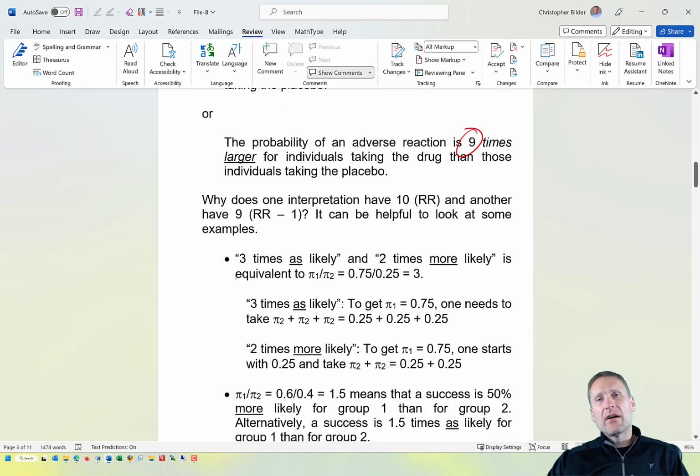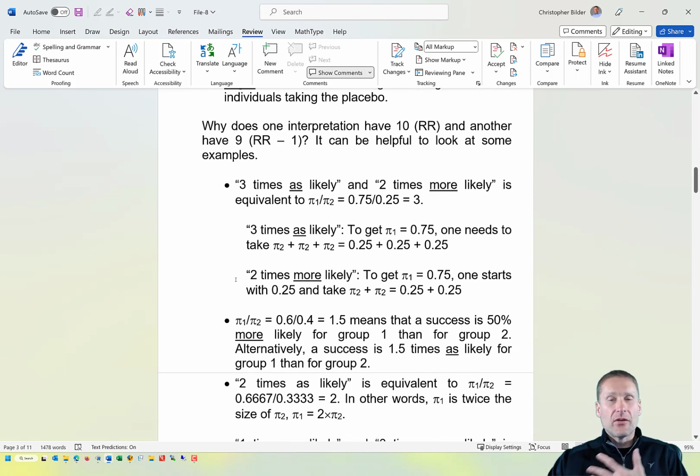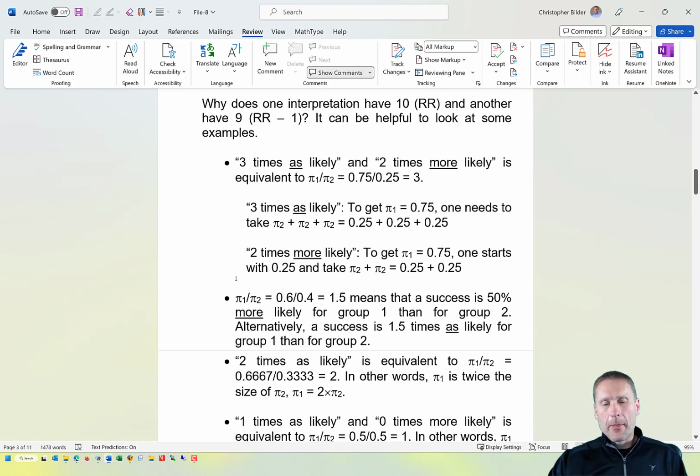So here's some help to understand what's going on here. Here are two equivalent statements: 3 times as likely or 2 times more likely. This would result in a situation where, let's say, pi 1 was 0.75, pi 2 was 0.25. So my relative risk is 3.